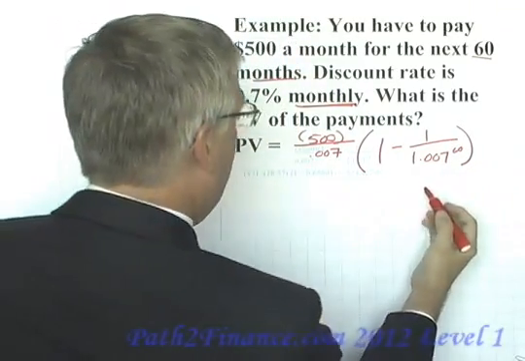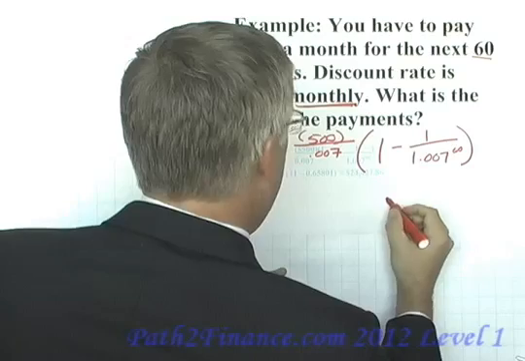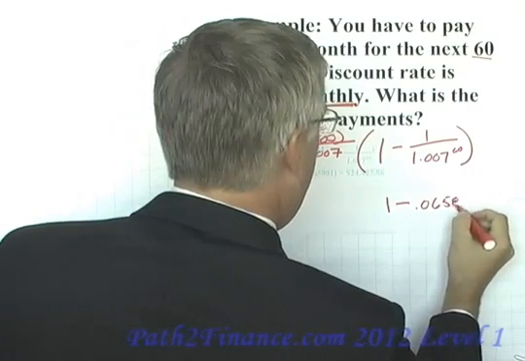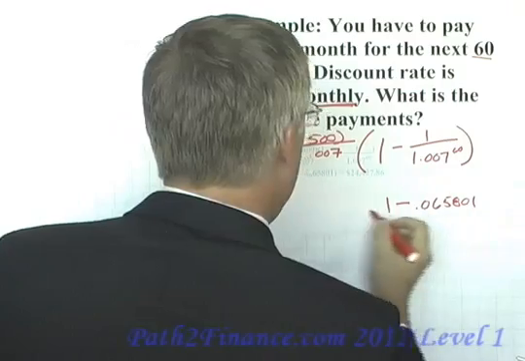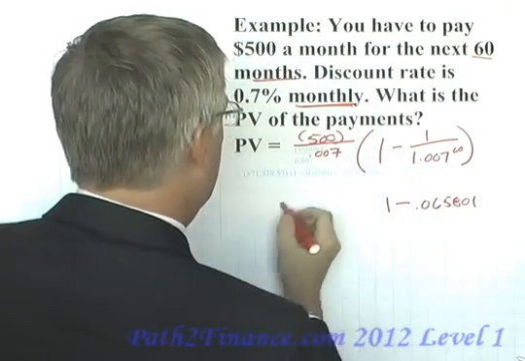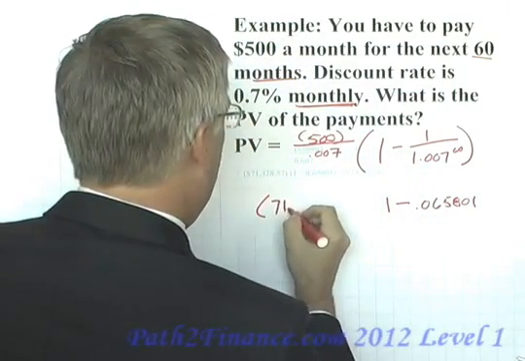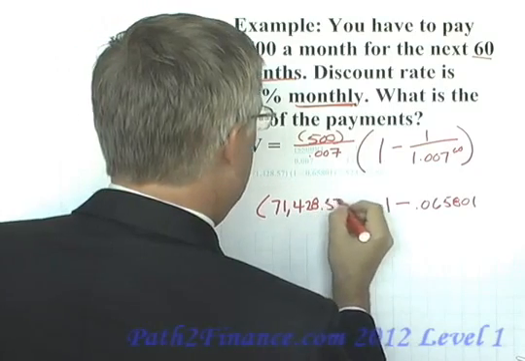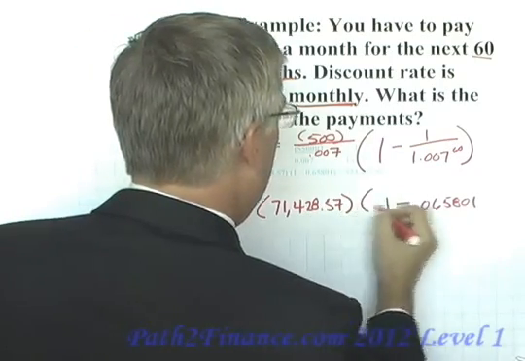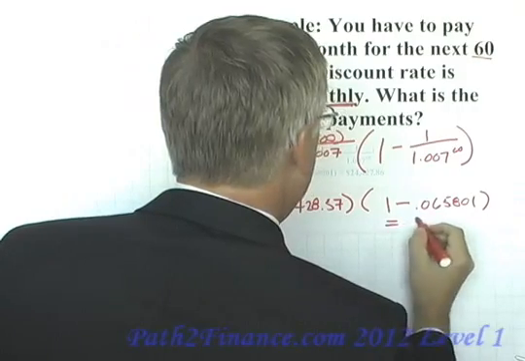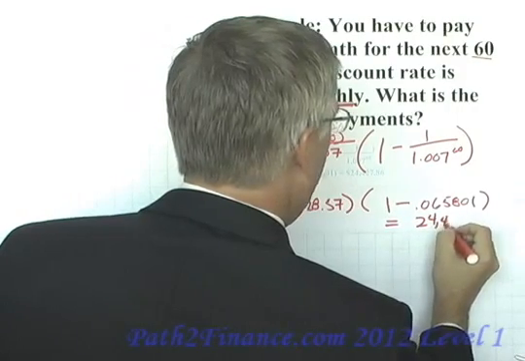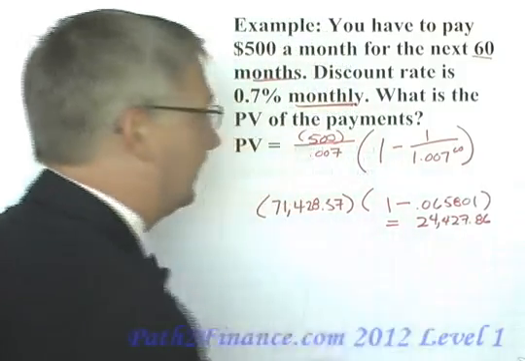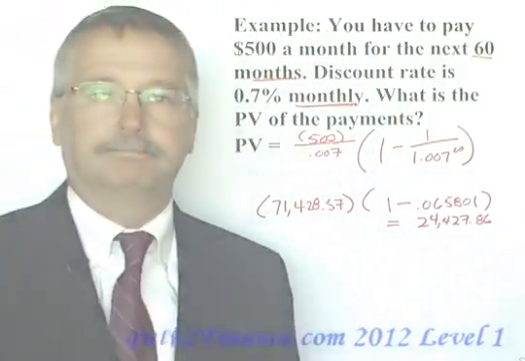And what that comes out to be is 1 minus 0.065801, and this division right here is minus 71,428.57. Bracket that, and that is 24,427.86 is the present value of that.